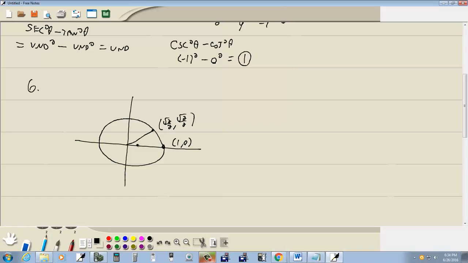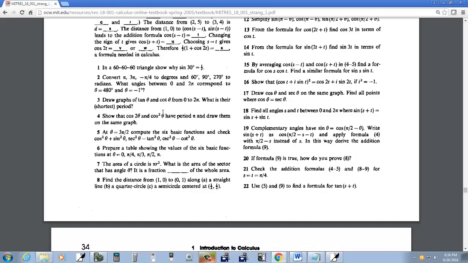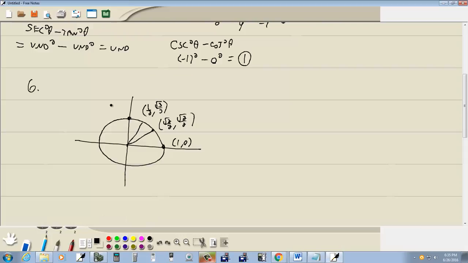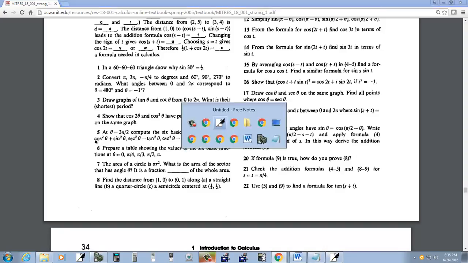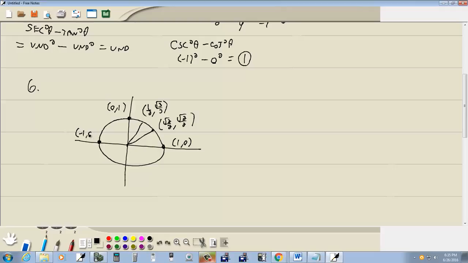Pi over 3, which is 1/2, square root of 3 over 2. And pi over 2, which is (0, 1). And then pi, which is (negative 1, 0).